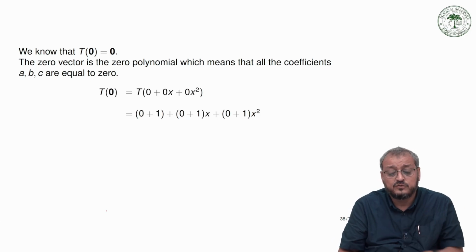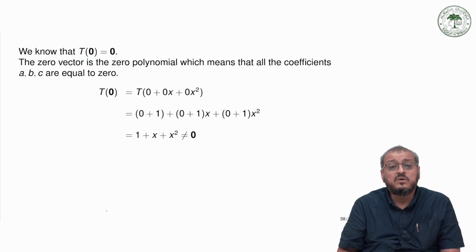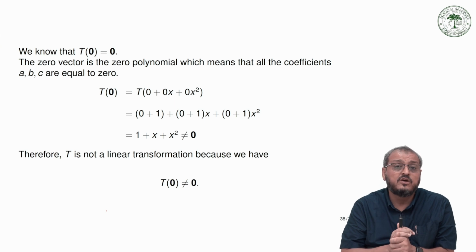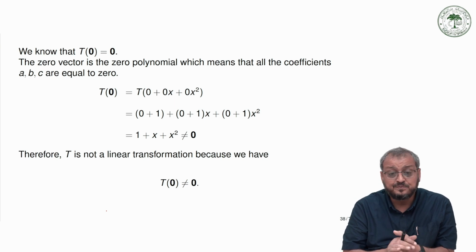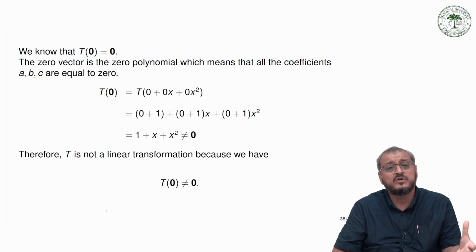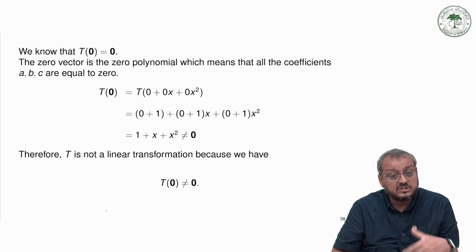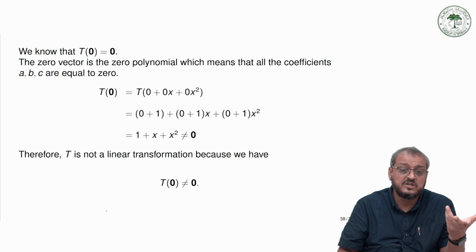So you can write it in this form, and this is clearly not equal to 0. So T is not a linear transformation because T of 0 is not equal to 0. Why? Because this is a property that must hold for every linear map, true for each and every member. So T of 0 is not equal to 0, so T is not a linear map.